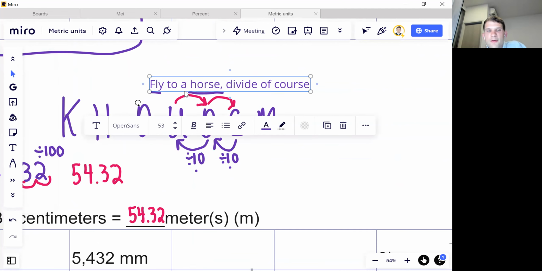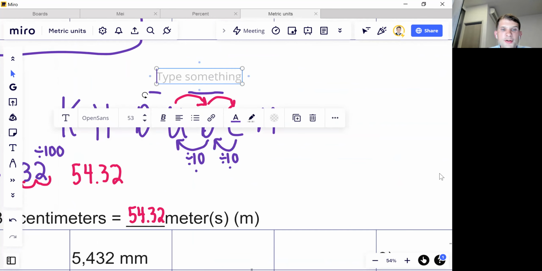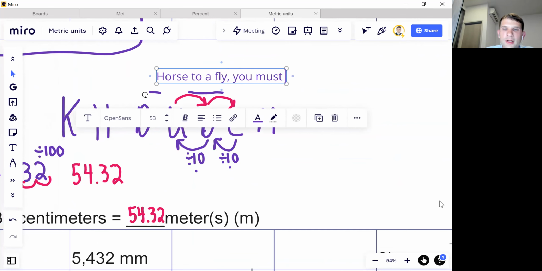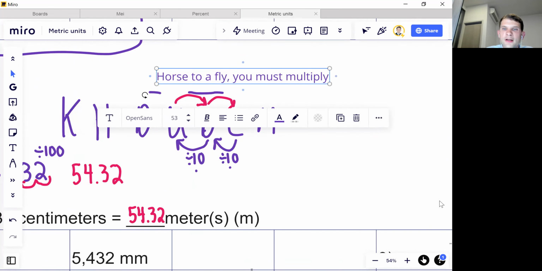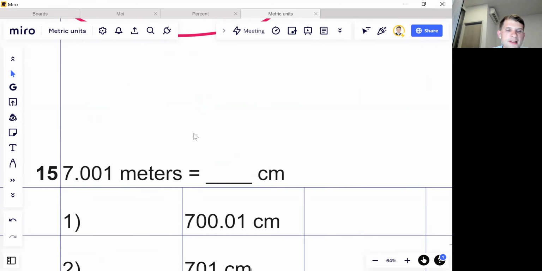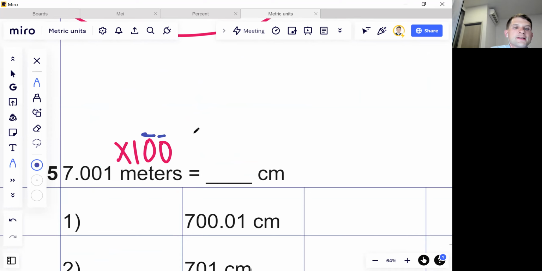So for this one, we remember horse to a fly, you must multiply. Because we're going from a large unit to a small unit, multiply again by 100, and that really means we're going to move our decimal 2 places to the right.